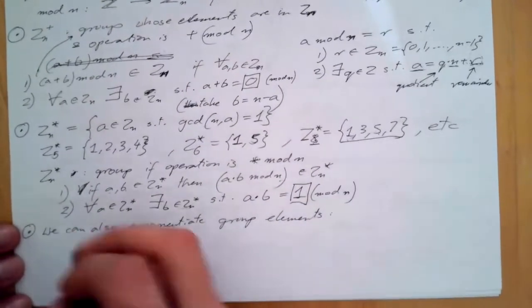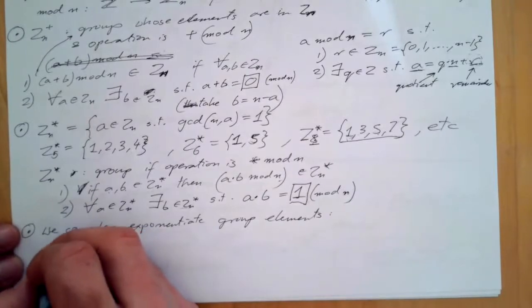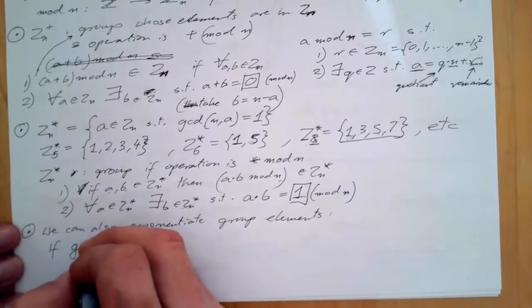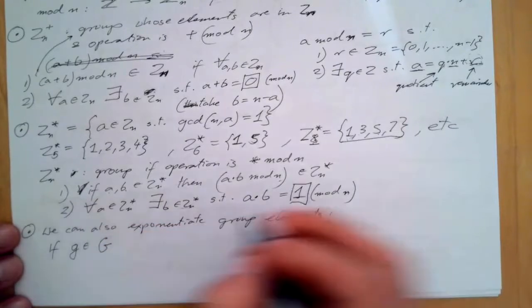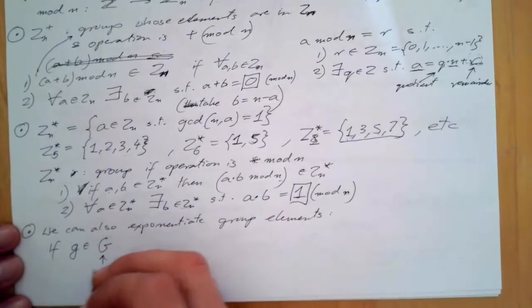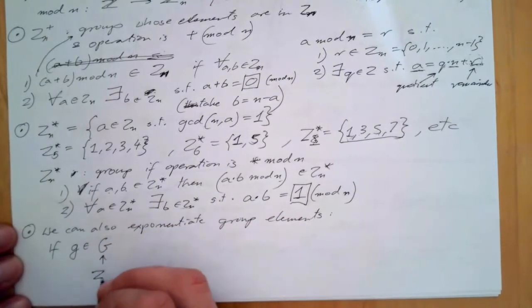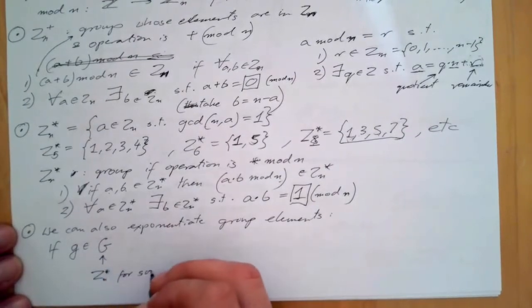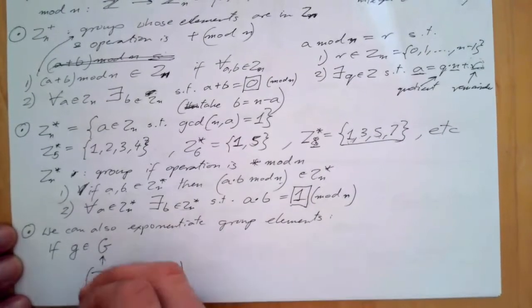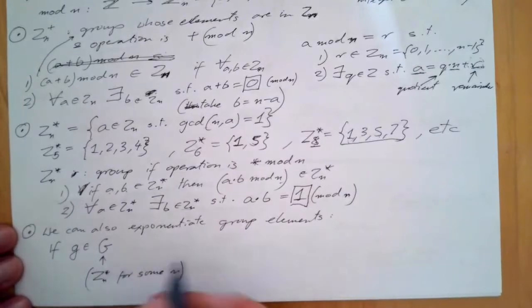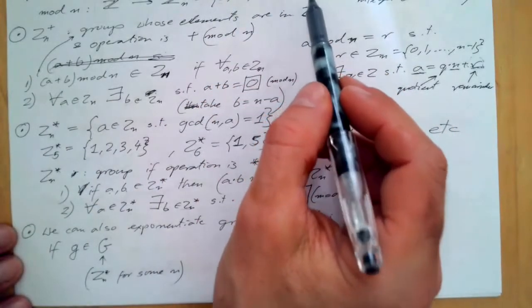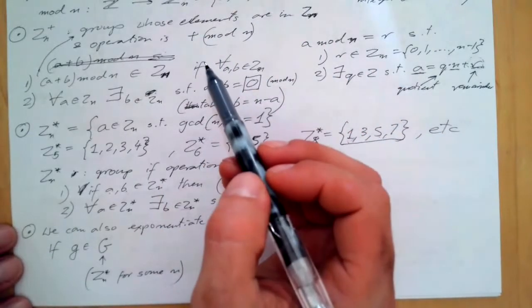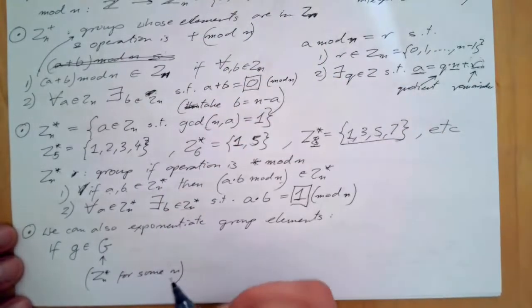So if G is some element in a group, take a group Zn star for some n. So you have a modulus. This defines a set of residues, and you only take those residues which are coprime with the modulus.